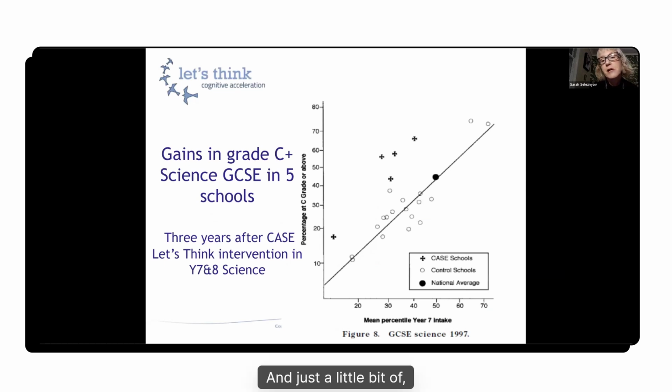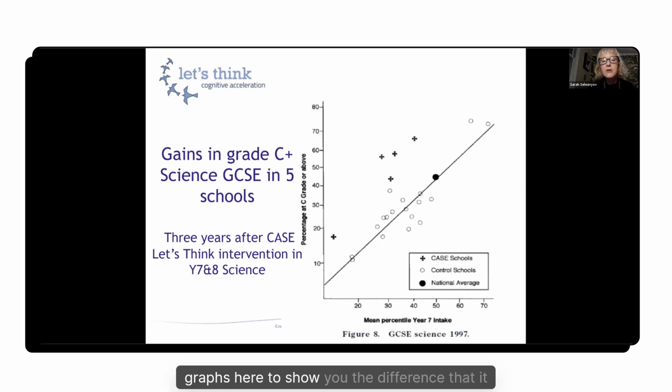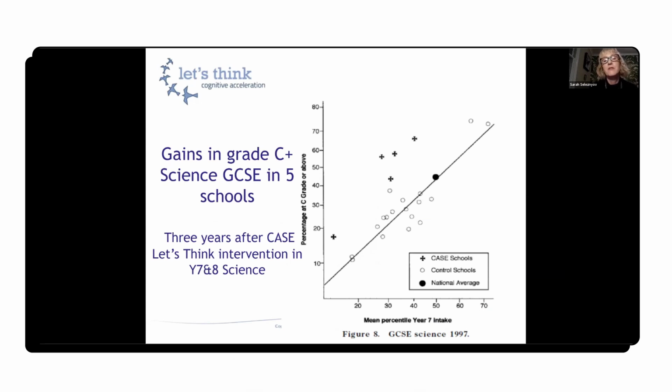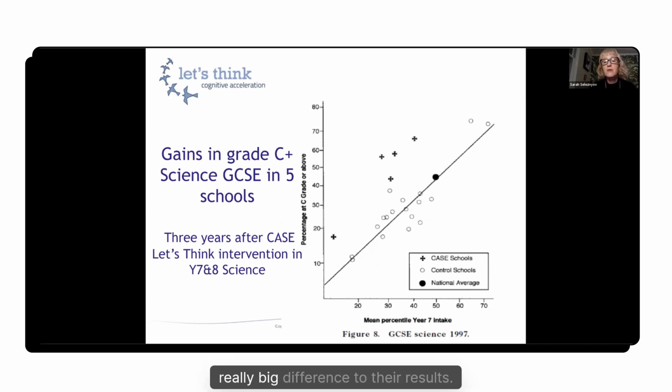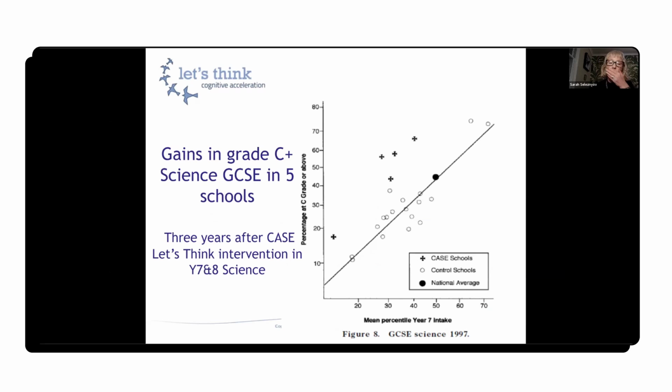And just a little bit of graphs here to show you the difference that it makes to students' learning. So this graph shows what happened for 16-year-olds in the UK who were using the science intervention in their schools, the Let's Think science intervention. And you'll see that it made a really, really big difference to their results.